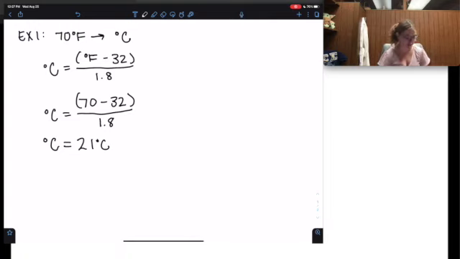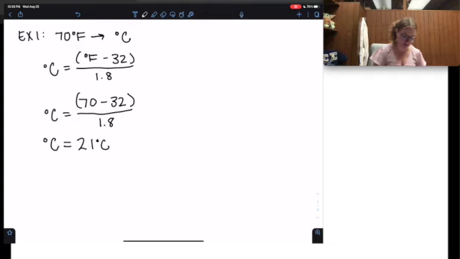There may be different ways to type it in, and I'll try to show you that too. But it's very important that you learn the mathematical aspects of typing things into your calculator. So I got 21 degrees Celsius in this case. So 21 degrees Celsius is about the same as 70 degrees Fahrenheit.